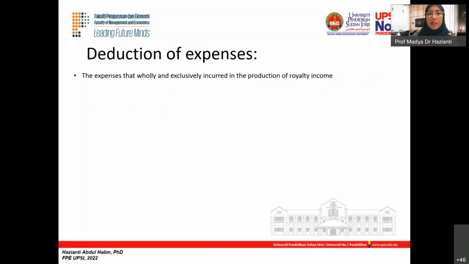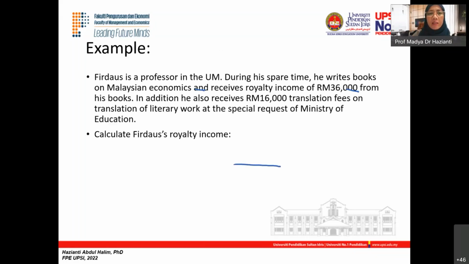Alright, deduction of expenses ada juga wholly and exclusively incurred in the production of royalty income. Okay, for this explanation, I expect you to read and to understand, but dia lagi faham if you buat the soalan kalau tak nampak lah. Right. The one example kat sini, Firdaus is a professor in the UM.